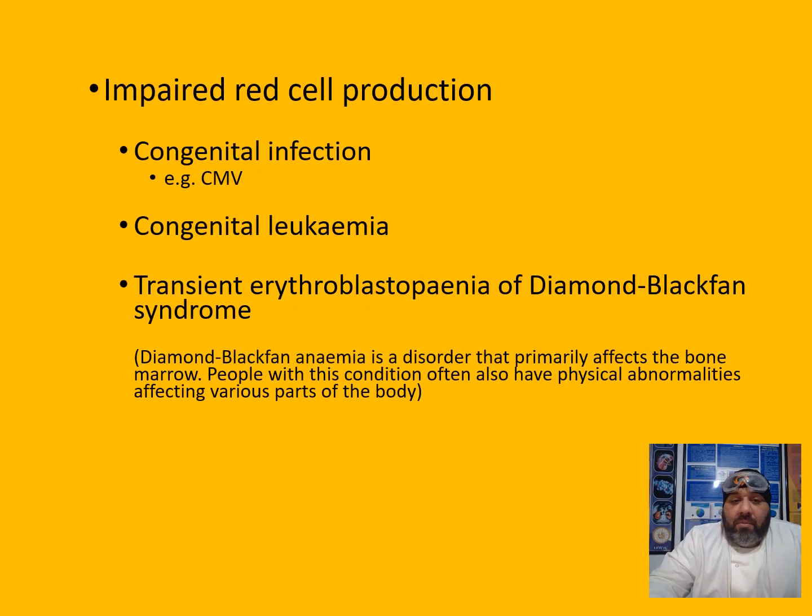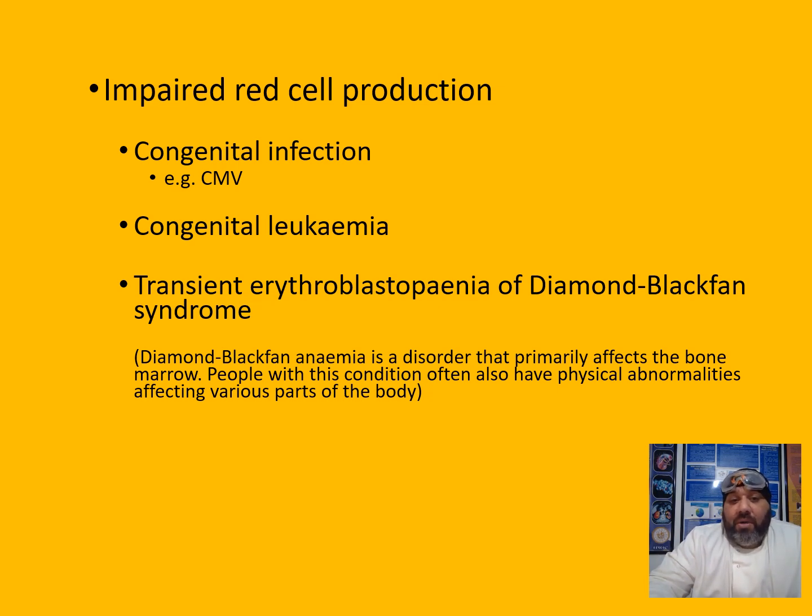In relation to impaired red cell production, there can be congenital abnormalities. So, for example, congenital infection may result, wherein pediatrics or young people may be diagnosed with cytomegalovirus or CMV.